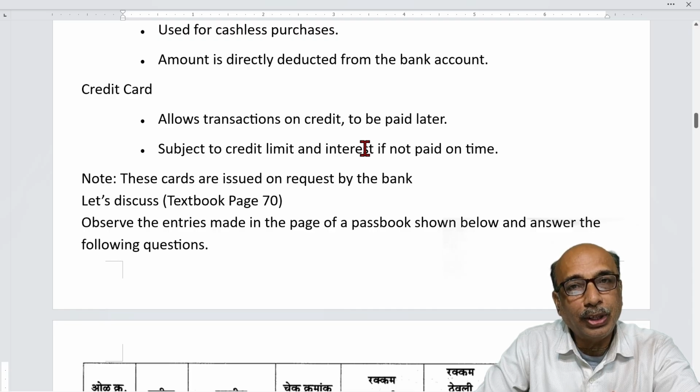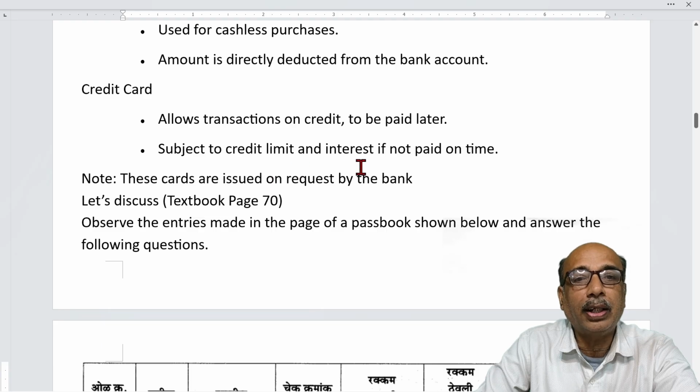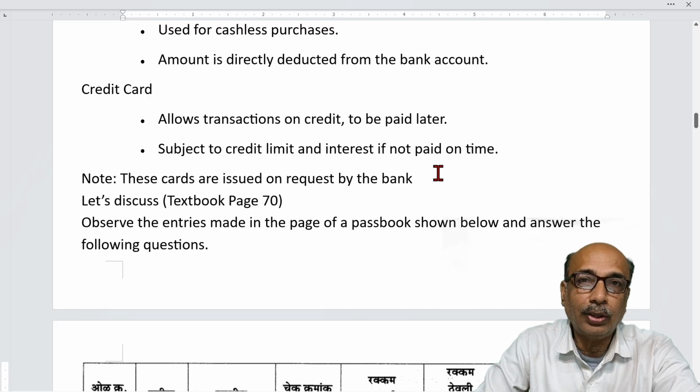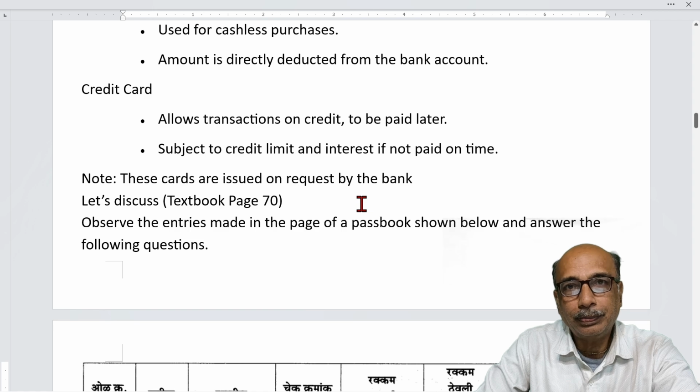Many people use this credit card because they don't have to pay from their pocket at that moment. It is to be paid later on, subject to credit limit and interest if not paid on time. Here, banks give the attraction so that people will spend more and more. So, credit cards are allowed. Note, these cards are issued on request by the bank.